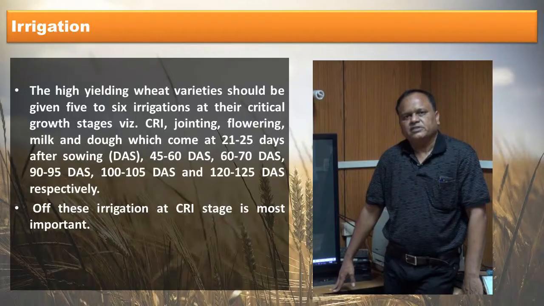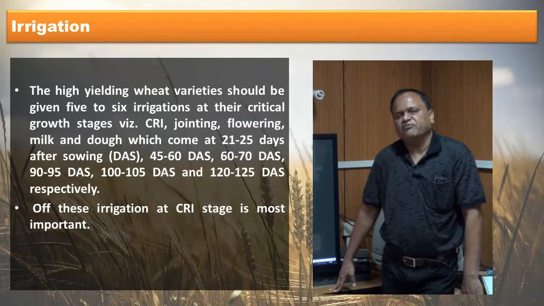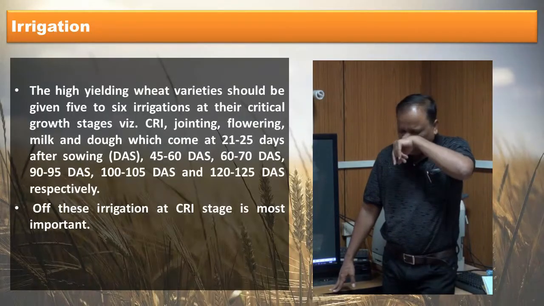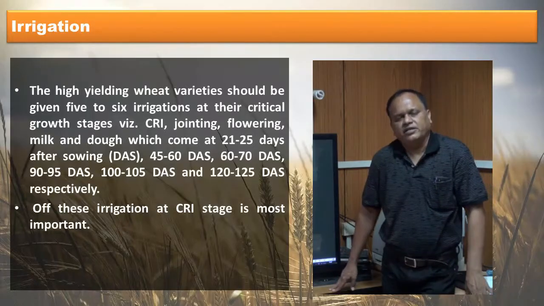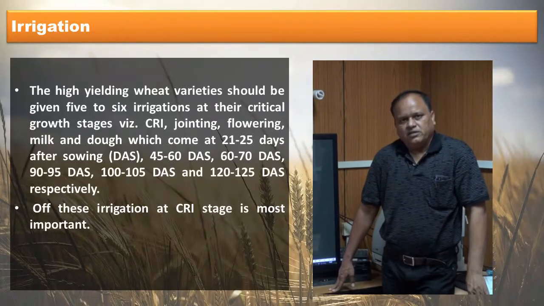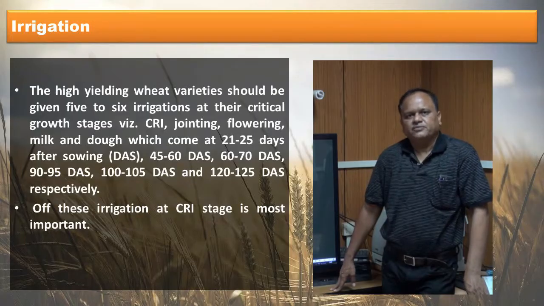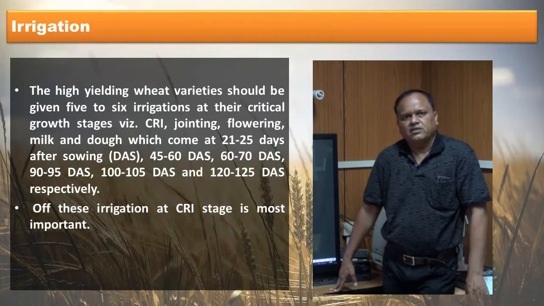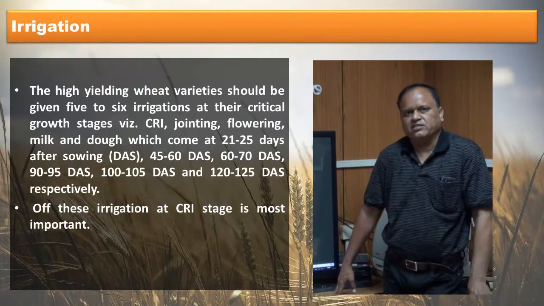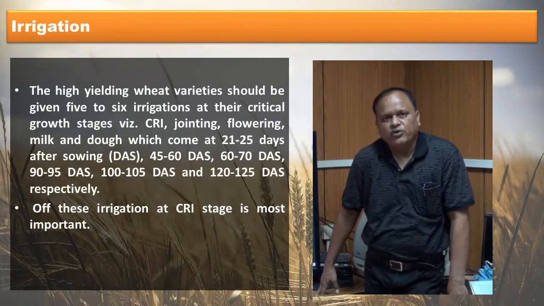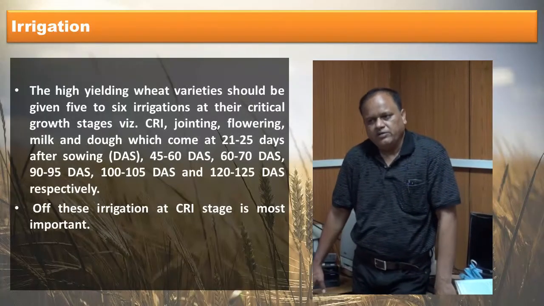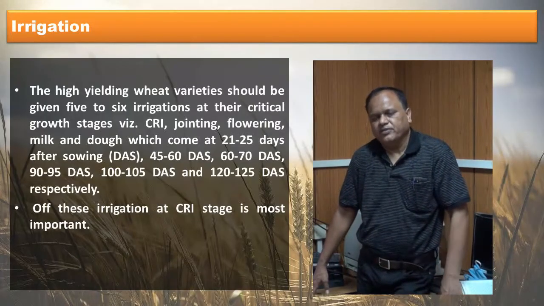But in other non-traditional wheat growing areas like Madhya Pradesh, Jharkhand, Gujarat, Maharashtra, Tamil Nadu, Andhra Pradesh, Kerala and some northeastern states, you will find no irrigation or very little irrigation.